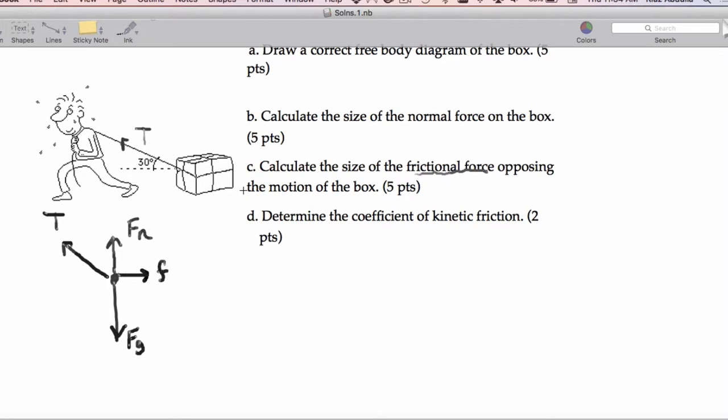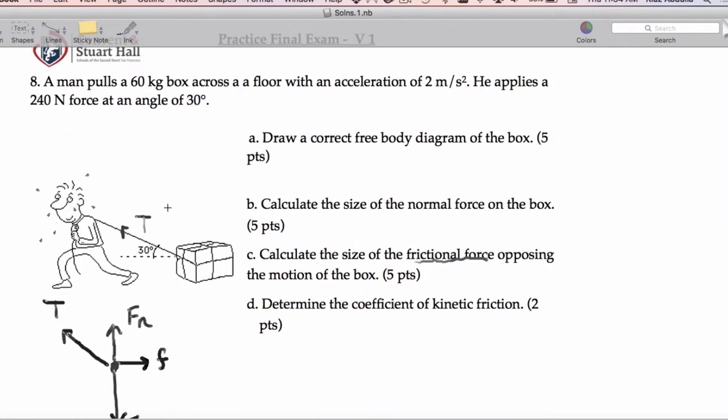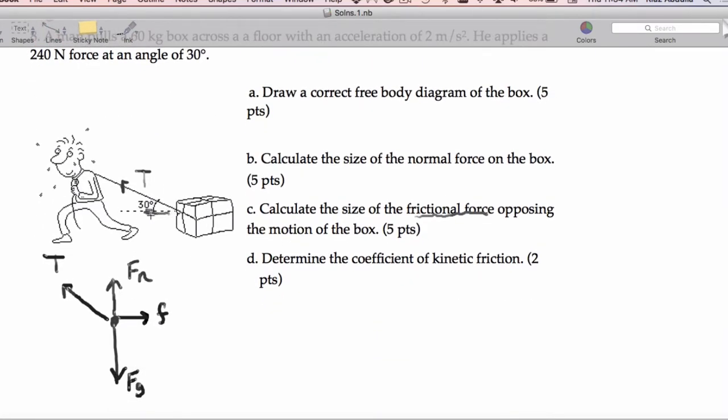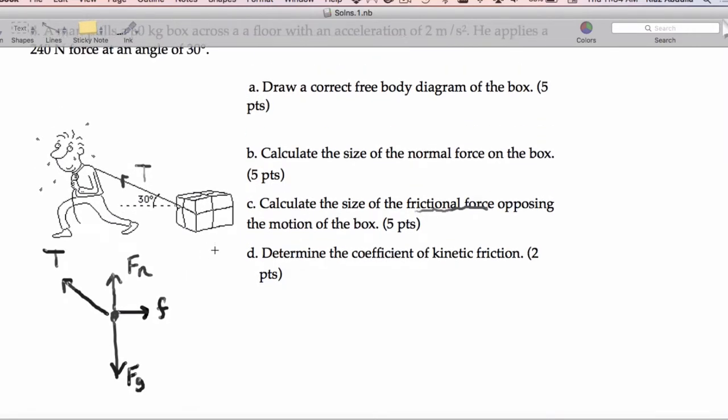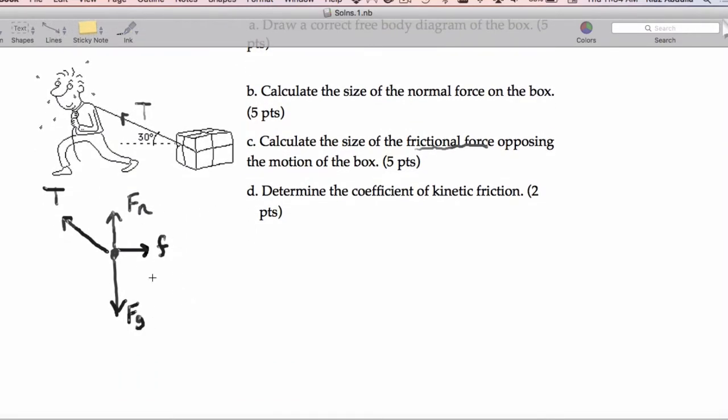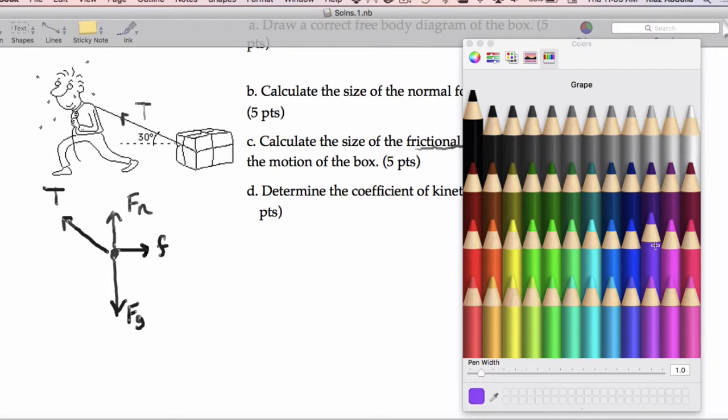One thing I want to be clear on is the friction force opposes the motion of the box, which is horizontal. And the other thing we want to note is in this case, we don't have a guarantee that the normal force and the weight force balance because there are other vertical force components involved.